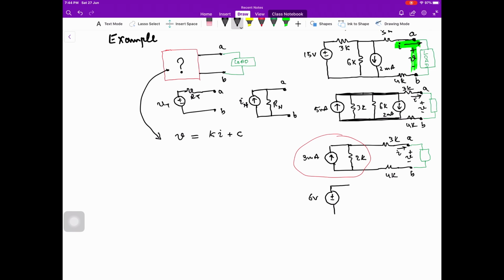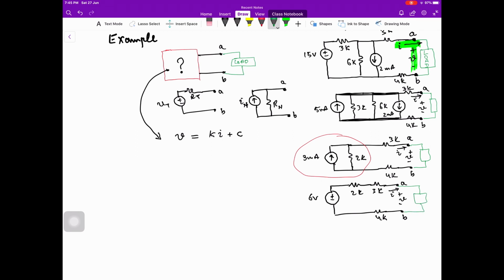This is 6 volt, and over here is 2K, and then 3K, and then over here 4K, and this is A and this is B, and the current flowing to the load is I, and the voltage across the load is V.